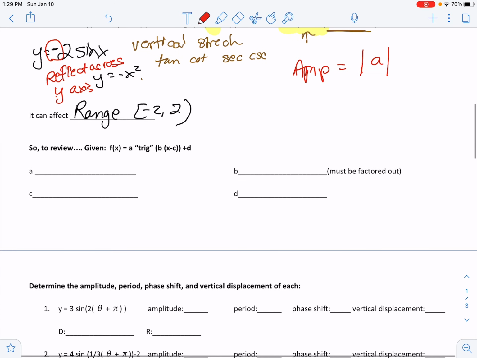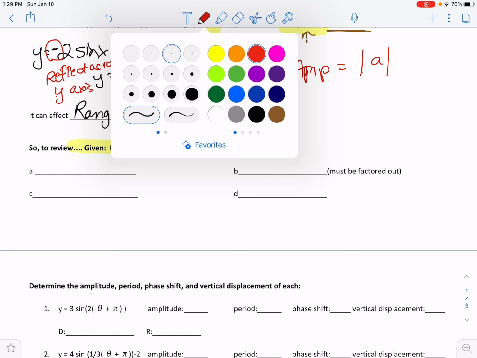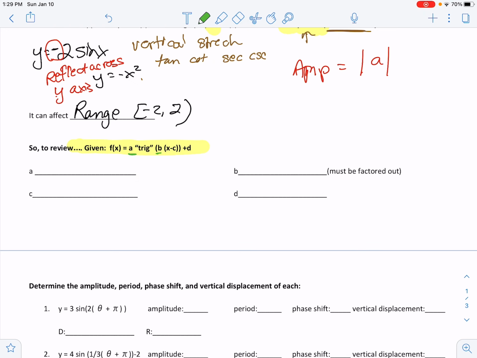So here's my transformation equation with all of the variables in it. You have A, B, C, and D. A does amplitude or vertical stretch. B is a phase shift. C is a horizontal.